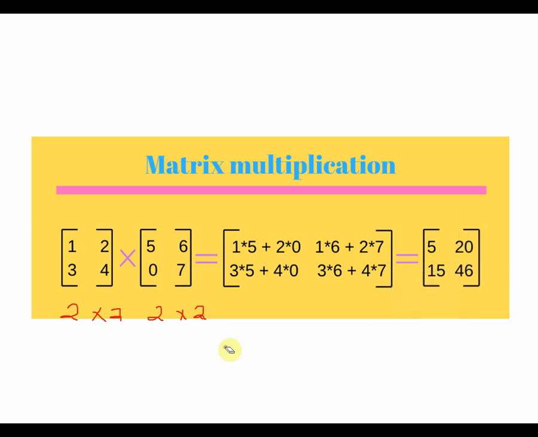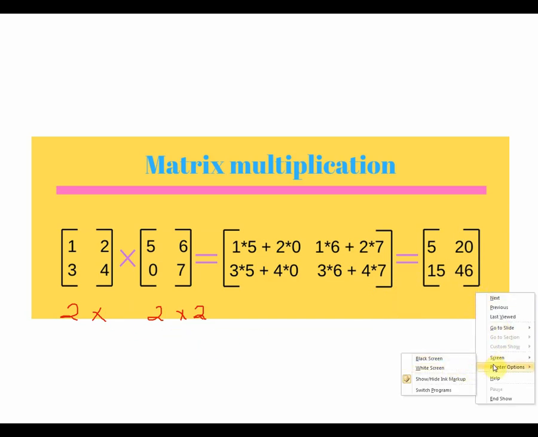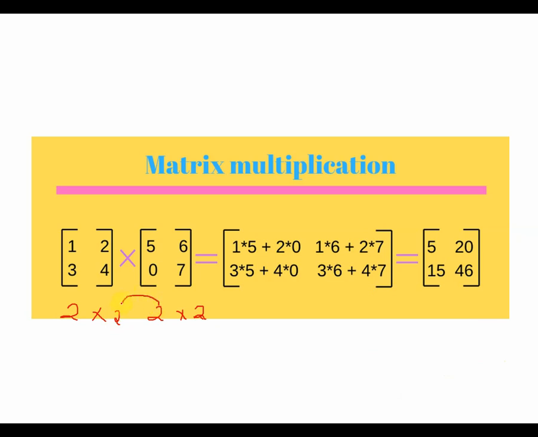So it really doesn't make sense in this example to check, but still let's check for the condition. And what is the condition? Is the number of rows in the second matrix equal to the number of columns in the first matrix? Are they equal? Yes, they are equal. If they are equal, you can perform the multiplication, and this will be the dimension of the final resultant matrix. So it will be 2 by 2.